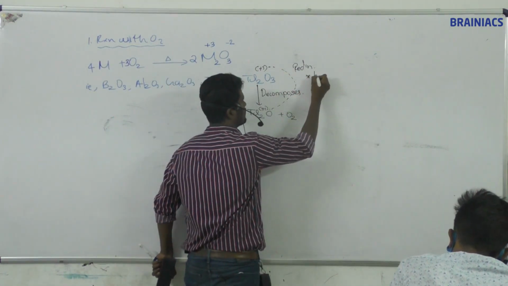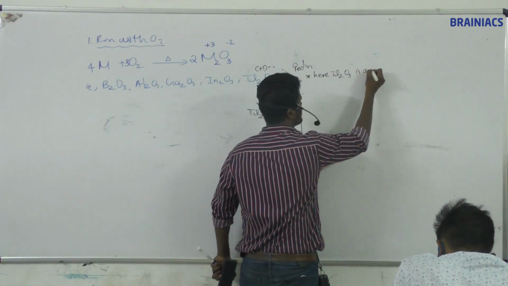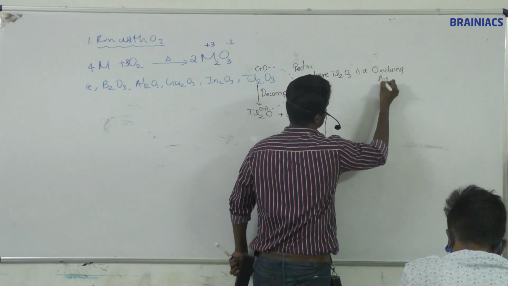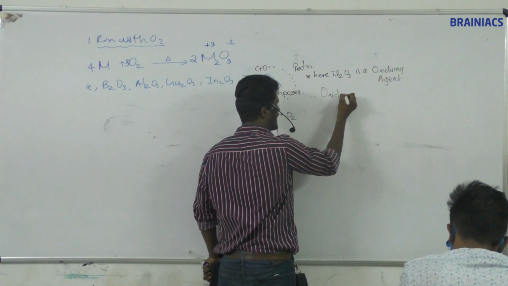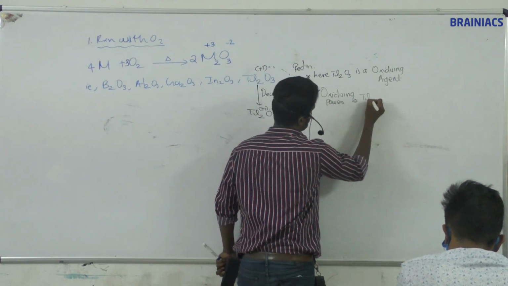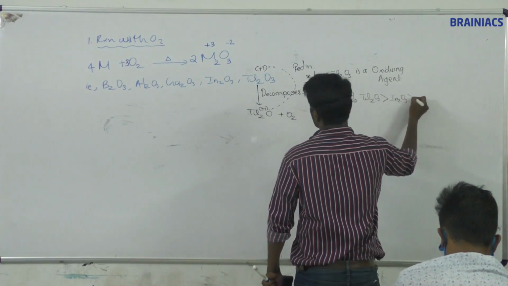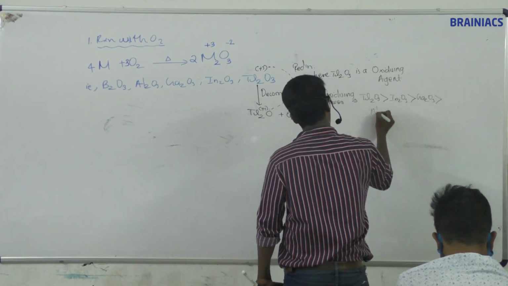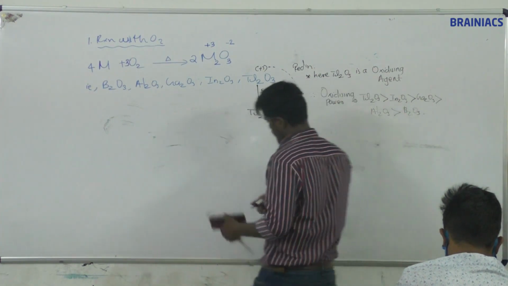So here Tl2O3 is an oxidizing agent. Therefore oxidizing power follows: Tl2O3 greater than In2O3 greater than Ga2O3 greater than Al2O3 greater than B2O3.